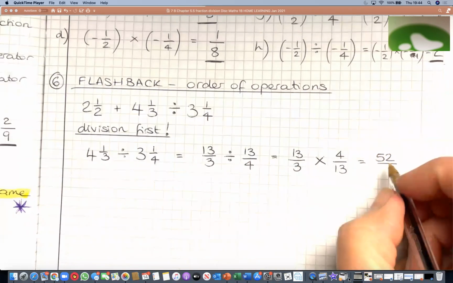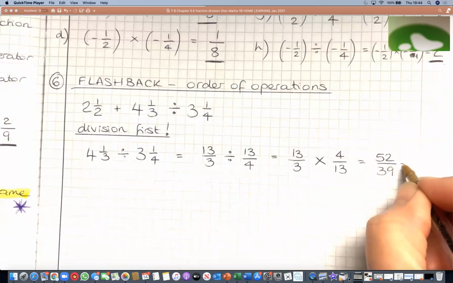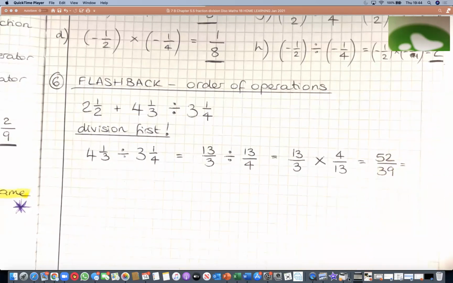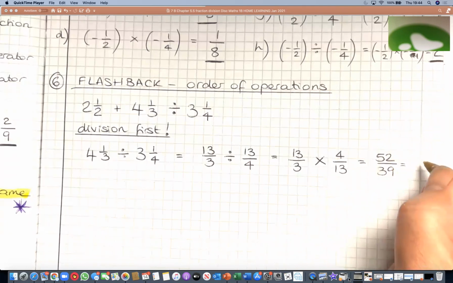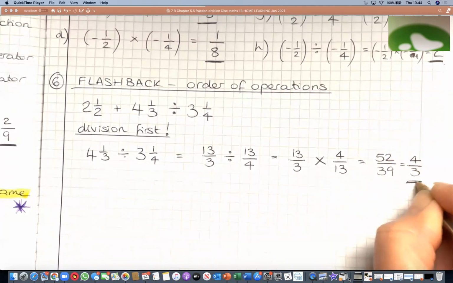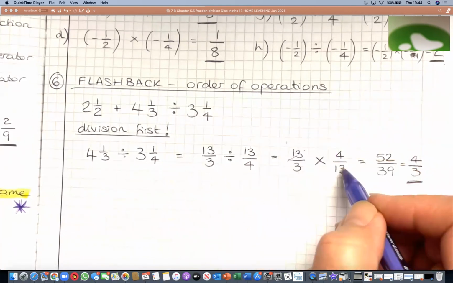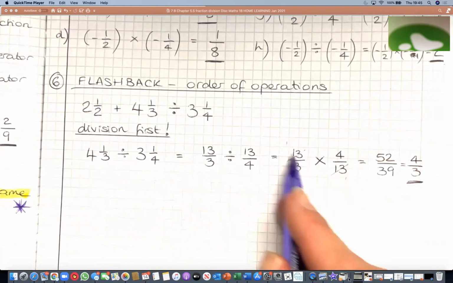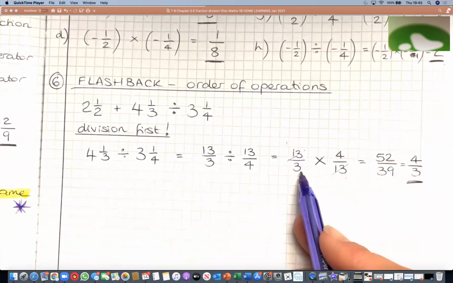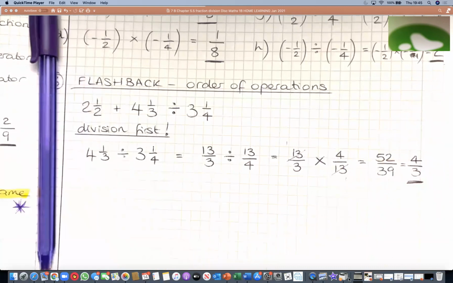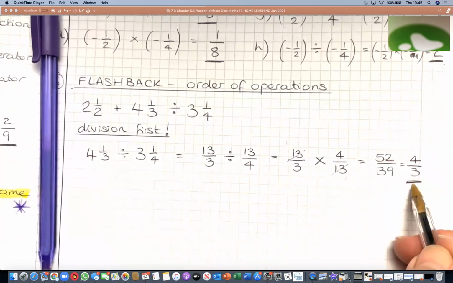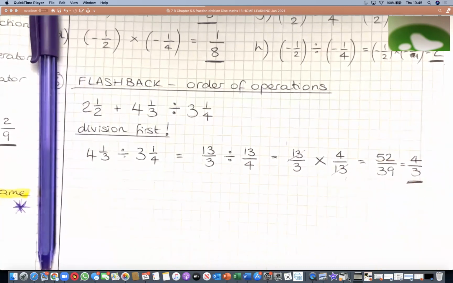Divided by 3 times 13 is 39. And I can simplify that down. I know they're both in the 13 times table. That takes me down to 4 over 3. If I did do the cross-cancelling, you can see 13 divided by 13 is 1. And I'd go straight to 4 over 3. Okay, so I've got 4 over 3 as my answer.